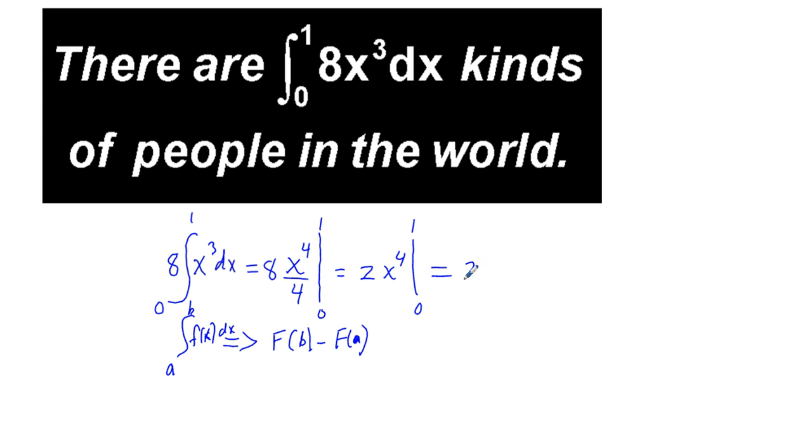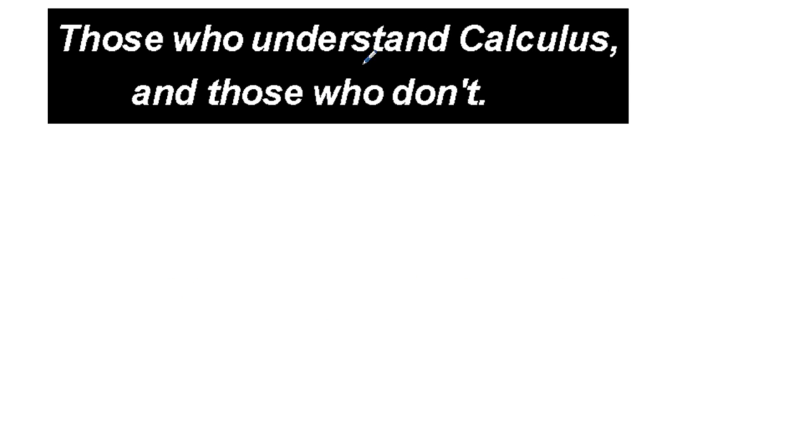We have 2 times 1 to the 4th power, this is big F of b, minus 2 times 0 to the 4th power, this is going to be F of a. And this simplifies. 2 times 1 to the 4th power is 2, and then F of a will be 0. So this is our answer. Therefore, there are 2 kinds of people in the world: those who understand calculus and those who don't.